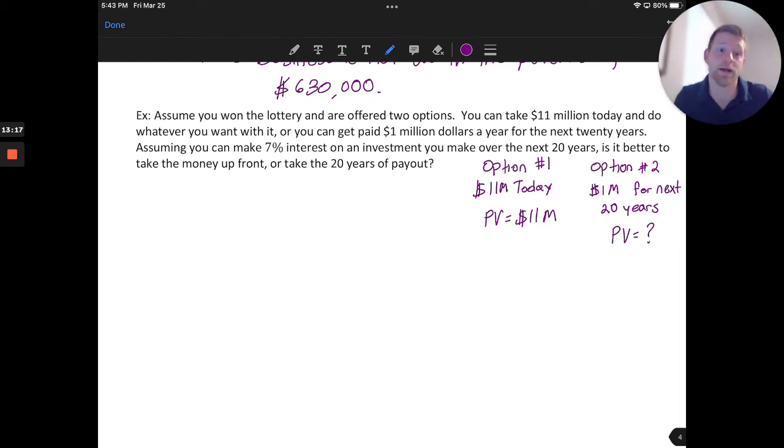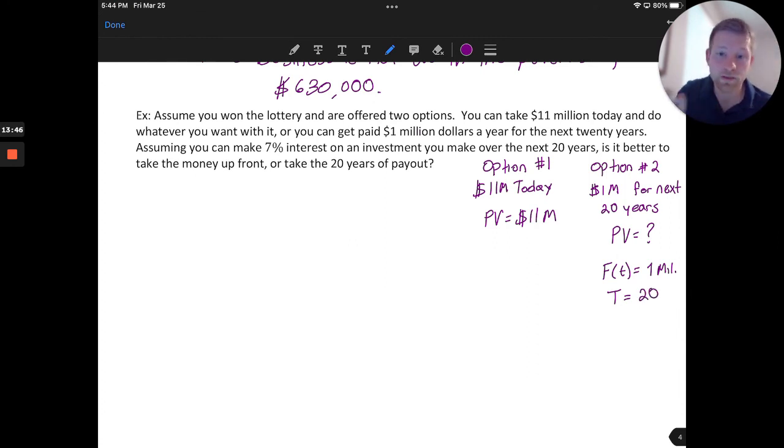We're going to have to work out what the present value of the income stream of $1 million is for the next 20 years. Therefore, we could say that the income stream, that capital F of T, is equal to just 1 million. The capital T, how long we are going to get that income stream, is 20 years.